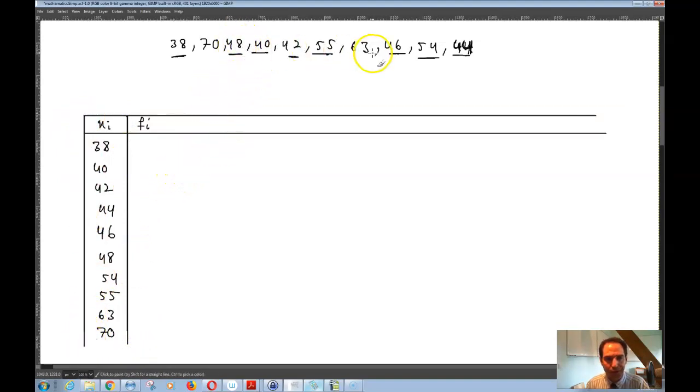So the frequency of each of these observations is 1, 1, 1, 1, 1, 1, 1, 1, 1, and 1.